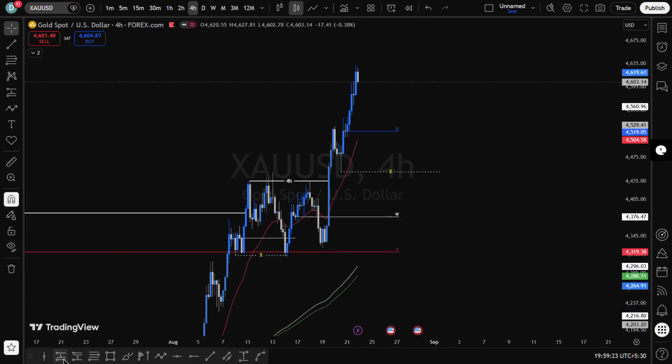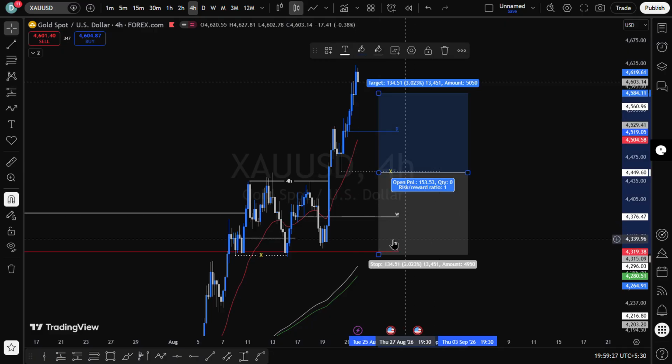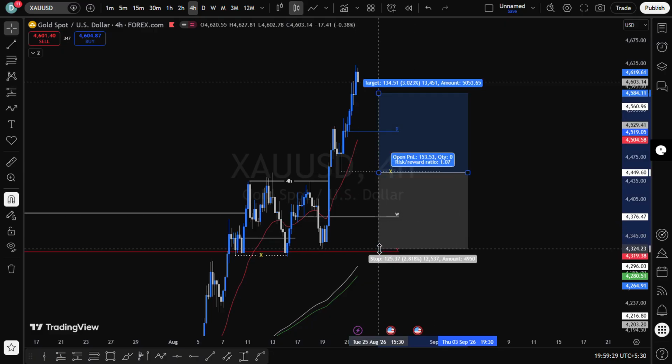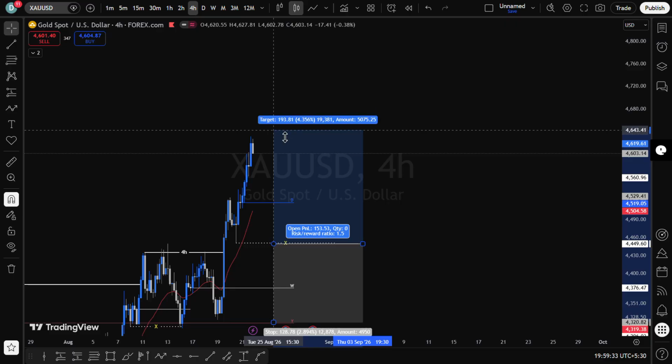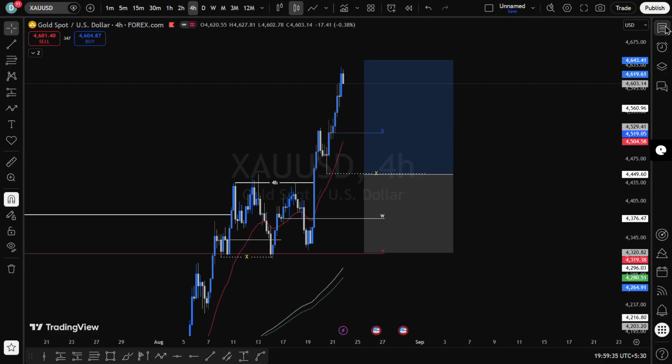We will wait, but my entry will be here if it gives us the structure change, and my target will be 1 to 5 on gold. So this is what I'm eyeing.